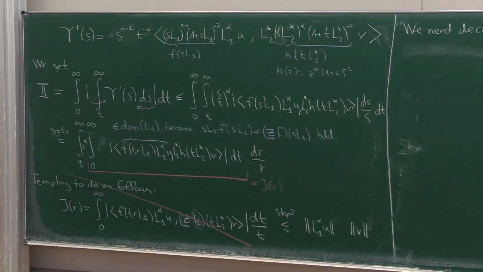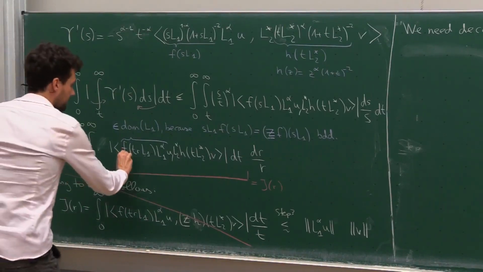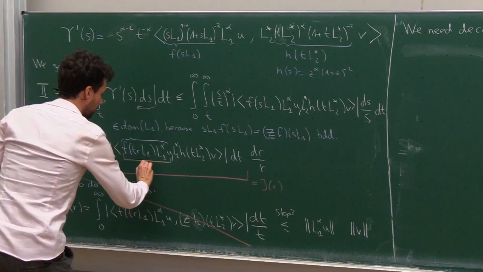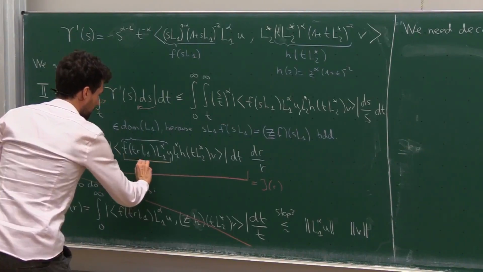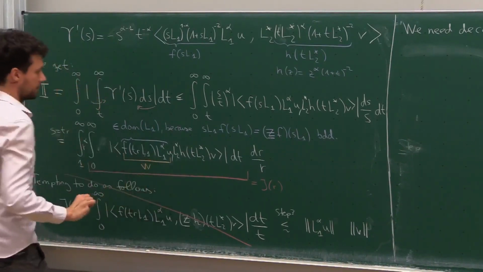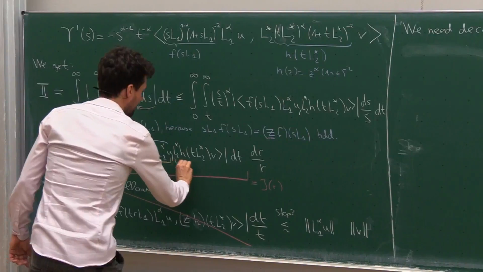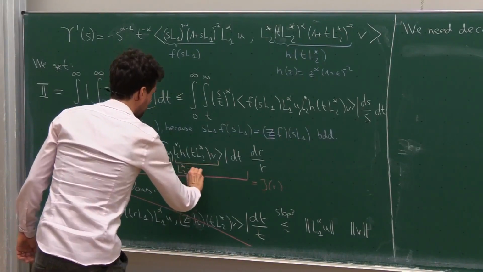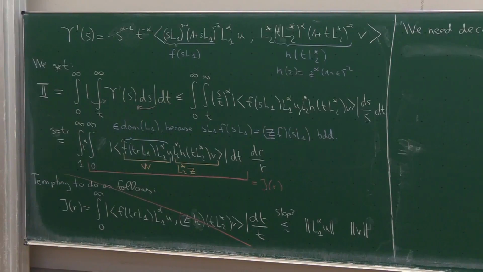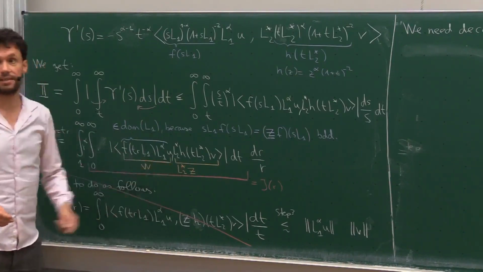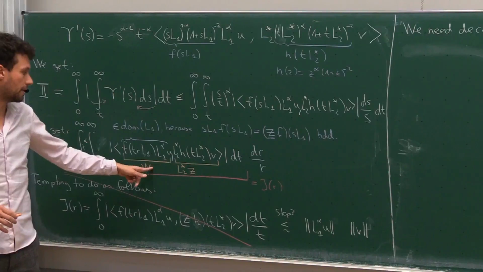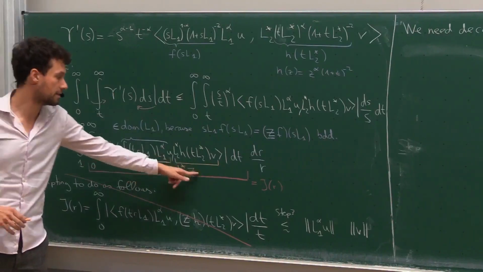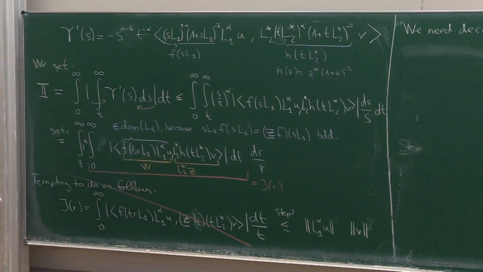Okay, and now we're going to say that this is our vector W, and this is L2 upper star of Z. And so it's of the form W paired against L2 upper star of Z, where W is in the domain of L1 and Z is in the domain of L2 star.